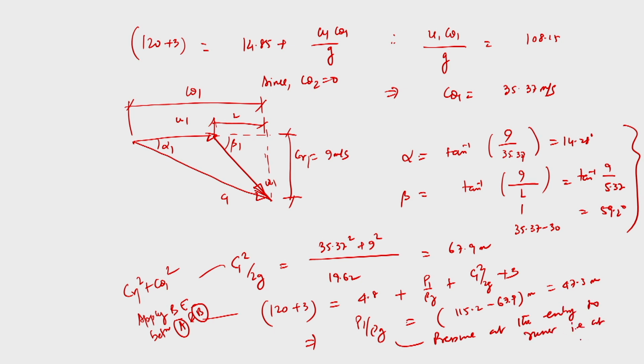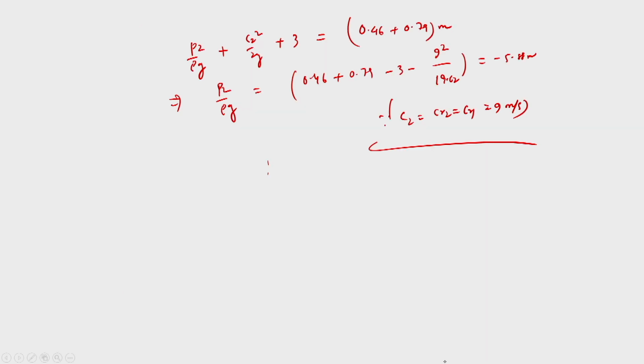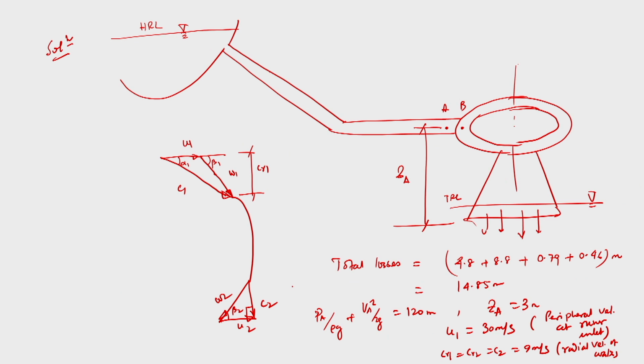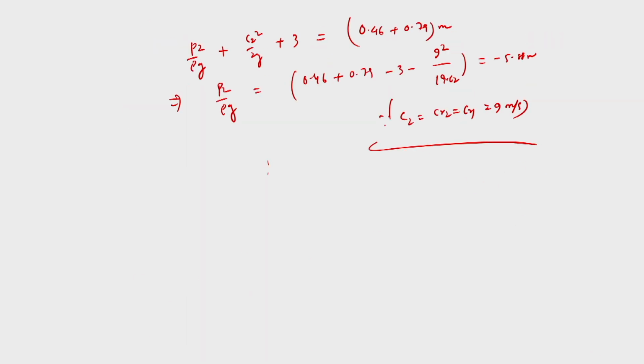Similarly, exit of the runner is this point, let us say C, and that is the pressure at the exit from the runner. So, we have obtained all the answers.